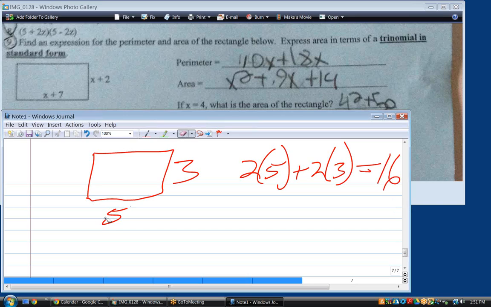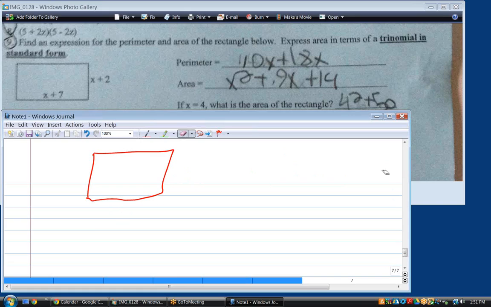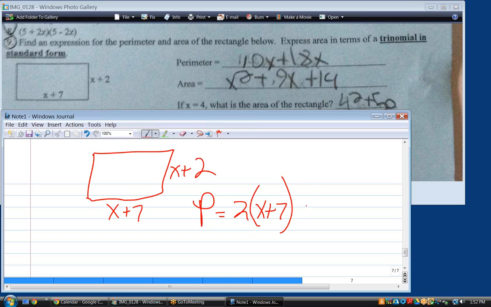Okay. Now let's substitute variables. So if it's x plus 7 and x plus 2, what's the perimeter equal to? Wouldn't there be x plus 7 times 2, and then that would be plus x plus 2 times 2. Right. Okay, now let's simplify.